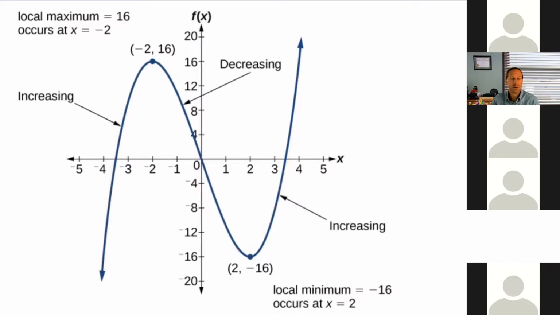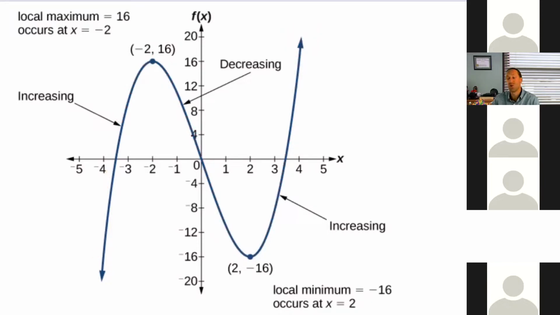Okay. We're going to talk about what it means to be increasing. As, again, we read these, it's always left to right, smallest to biggest. As my x's increase, what are my y's doing? Well, they're increasing until a point, and then what do my y's start doing? Decreasing, getting smaller to a point, and then my y's start increasing again, indefinitely, forever.